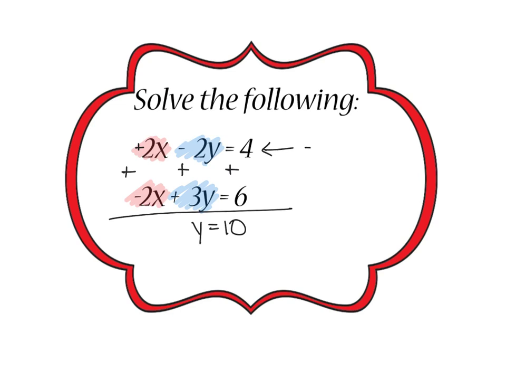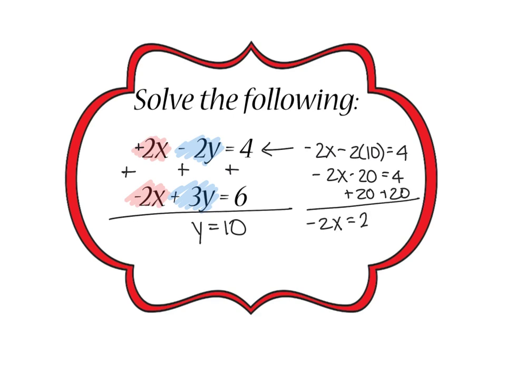When I plug that back in, I get negative 2x minus 20 equals 4. I add 20 to both sides. Negative 2x equals 24. I divide by negative 2. X equals negative 12. So this solution would be negative 12, 10.